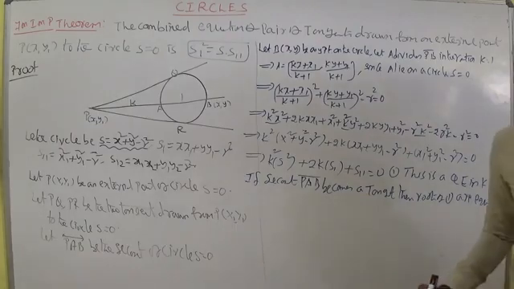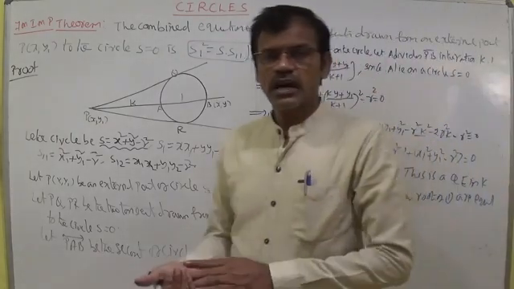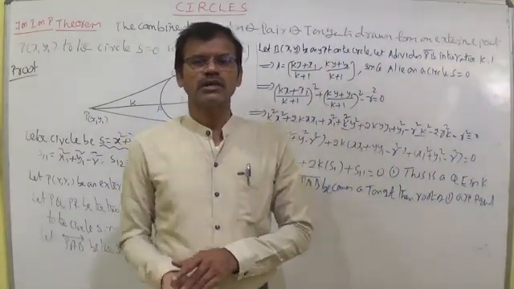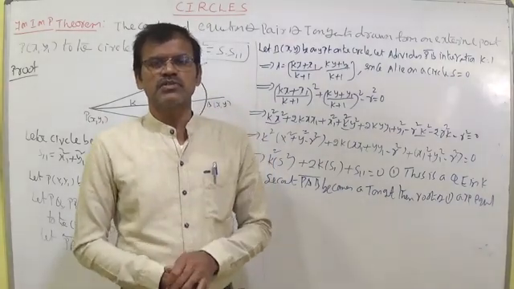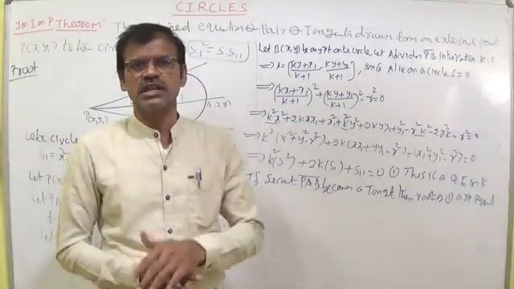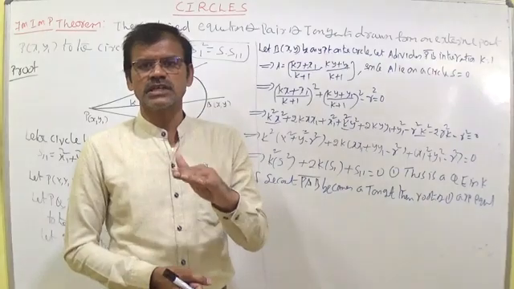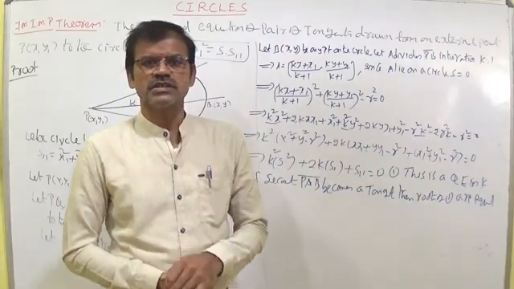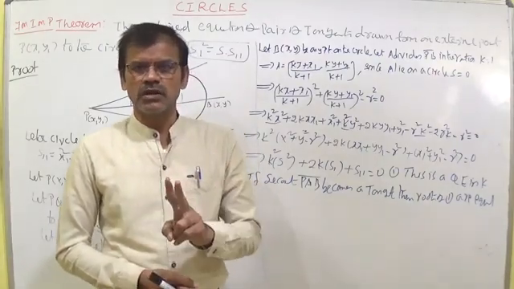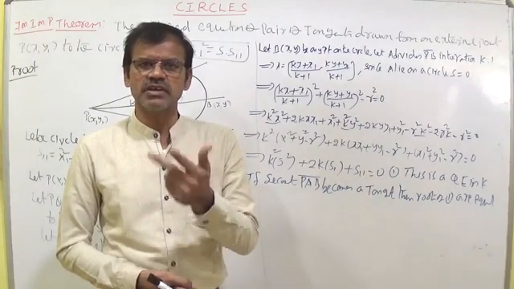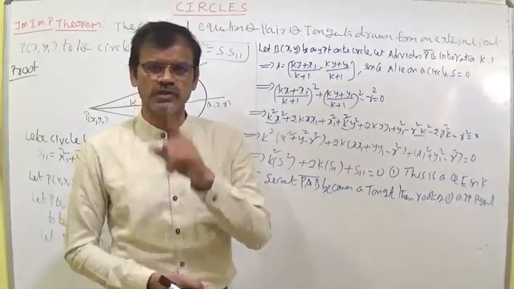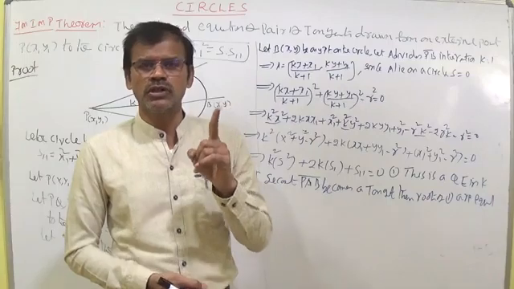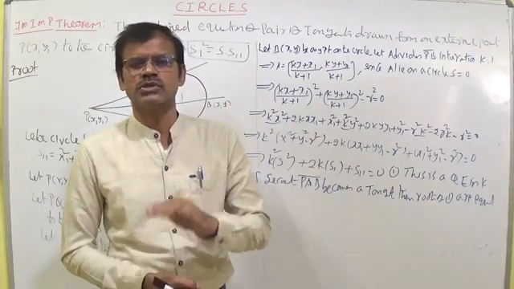So many times I discussed the concept that a quadratic equation has two roots. If the two roots are distinct and real, a line intersects the circle in two distinct points. If the roots are equal, the secant becomes tangent, because there will be a single root; even though they are having two roots, the roots are equal.